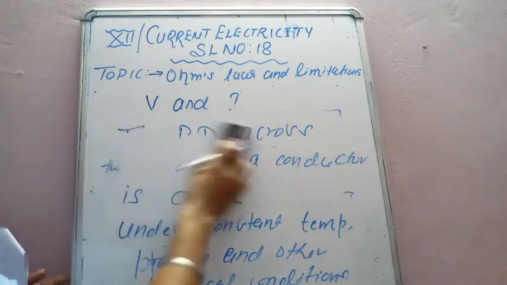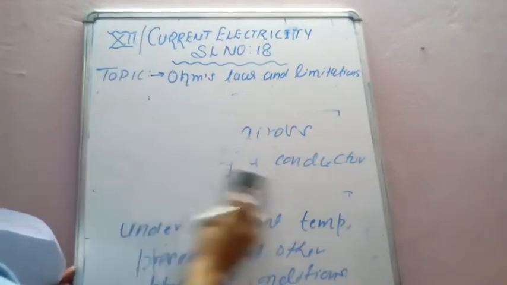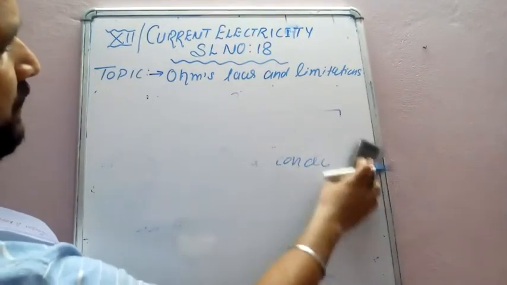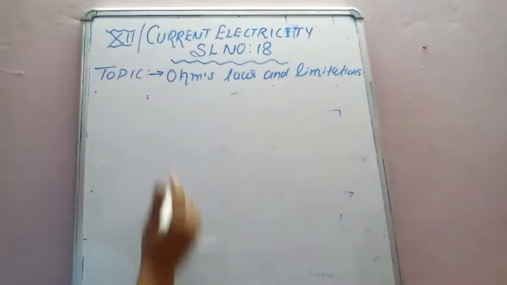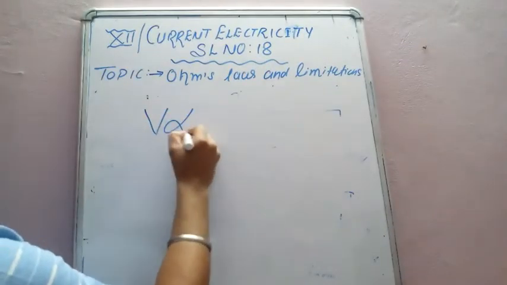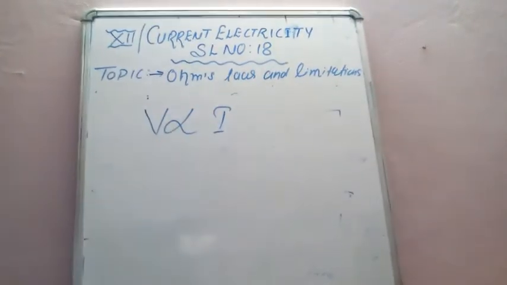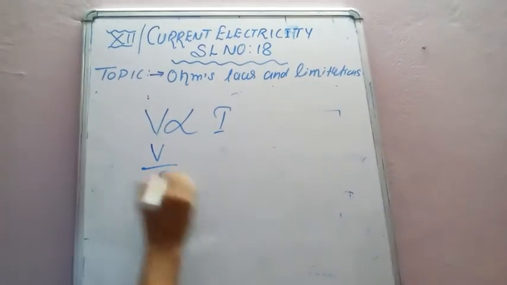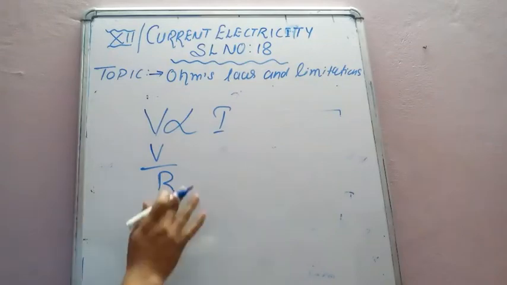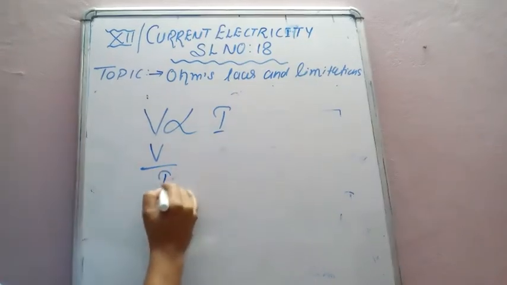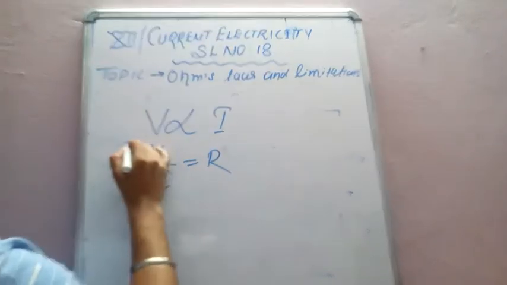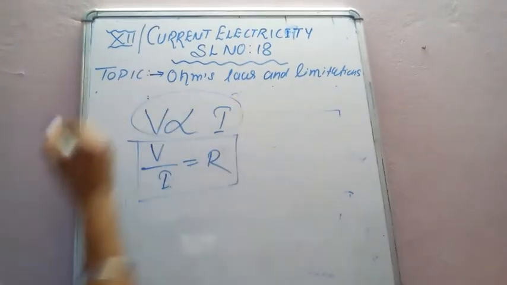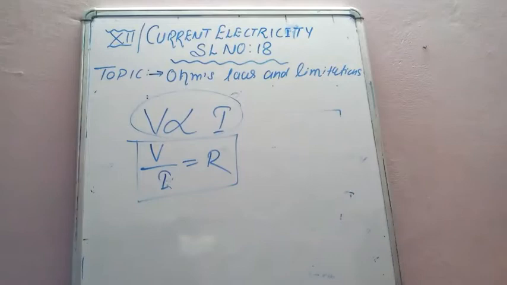Second, because there is a proportional relationship between potential difference and current, that is V is directly proportional to I, that is V upon I is equal to R. Now if we draw the graph between V and I, what will be the graph?